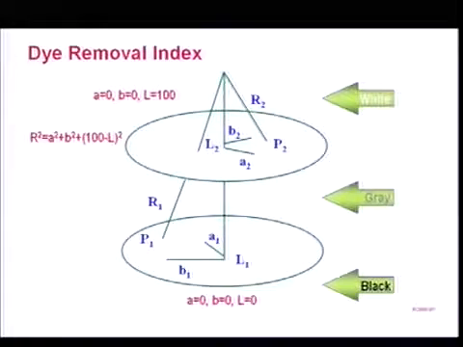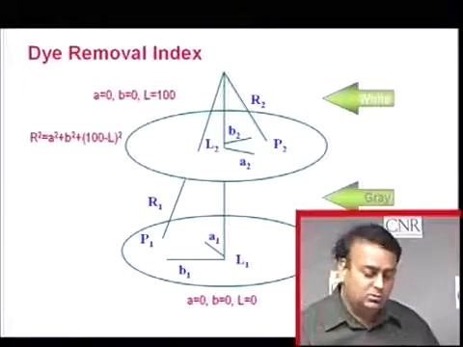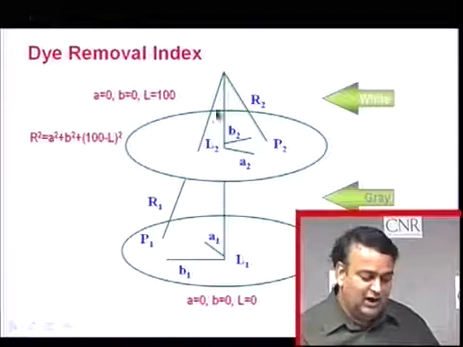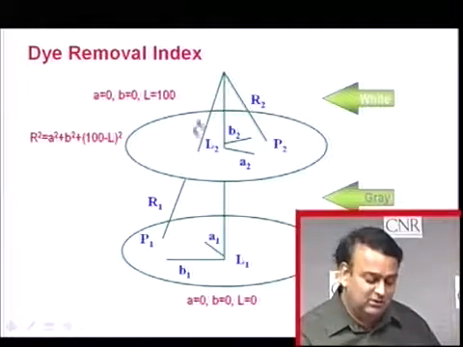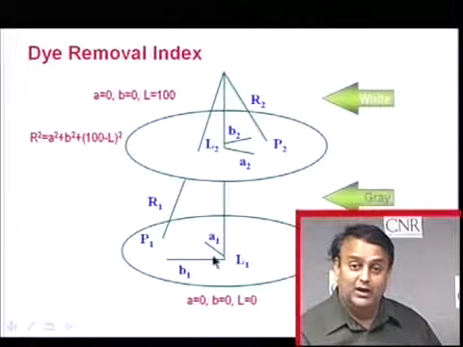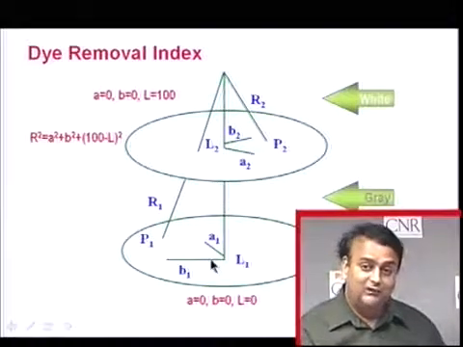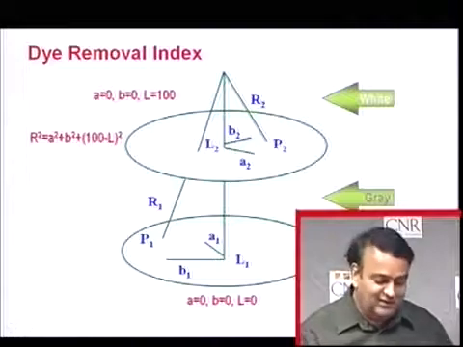So, what is the dye removal index? Dye removal index is nothing but R1 minus R2 over the original amount of dye present in the system. So, this distance over this distance gives you the dye removal index in a way, and we have given the formula for the calculation of dye removal index.